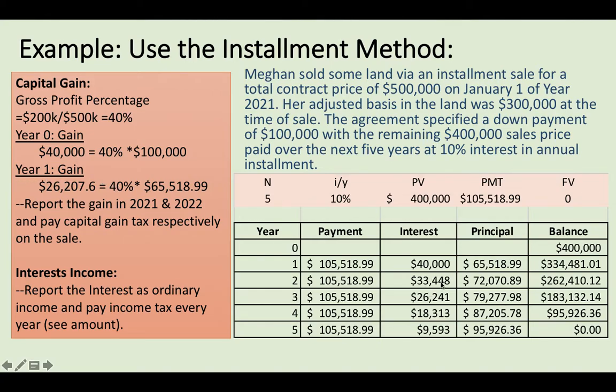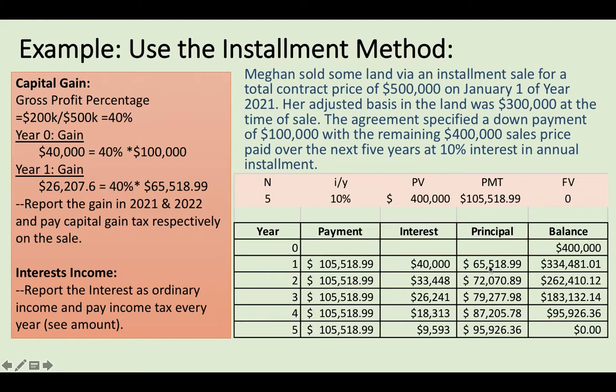You're going to receive a payment, and the interest is $40,000. Then you receive the principal. We spread the gain on the principal, so 40% of the principal, which is 65,518, is taxed as capital gain. On this amount, you're going to pay capital gain tax.